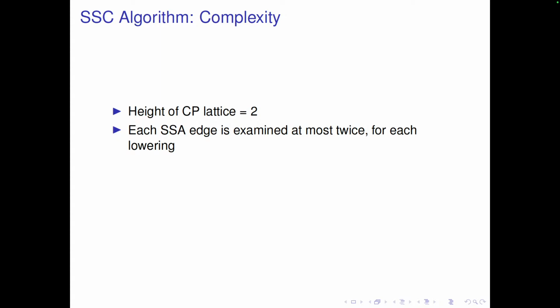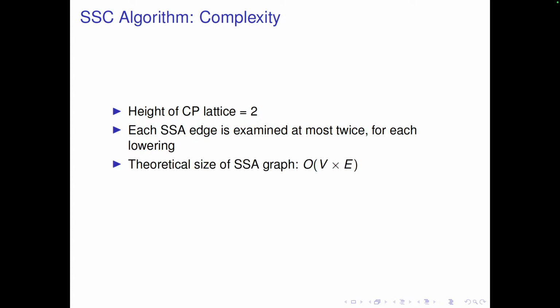When I pick this edge, I am updating the value of A here. As I said, this update can only happen twice, which means any outgoing edge I am only going to use twice. So every SSA edge is examined only twice.